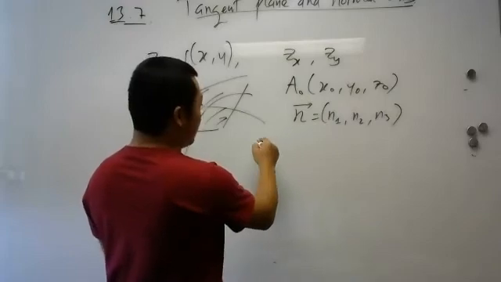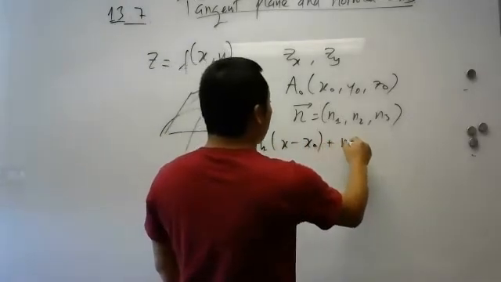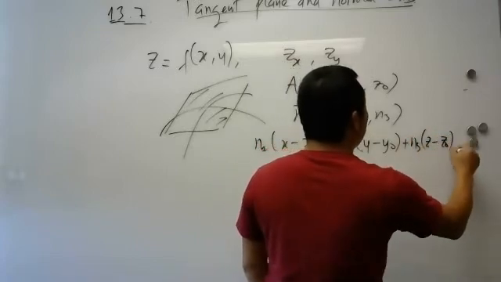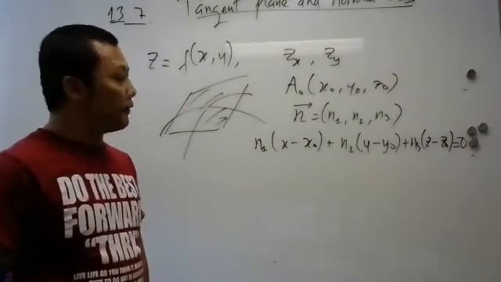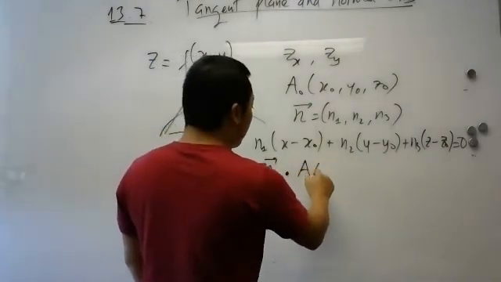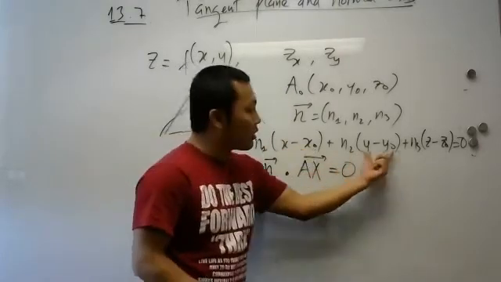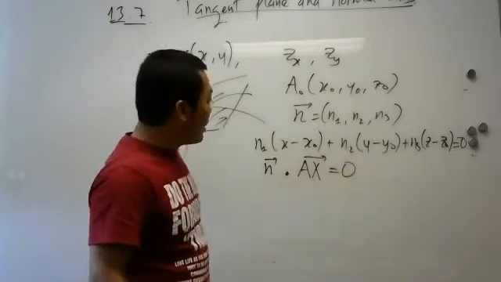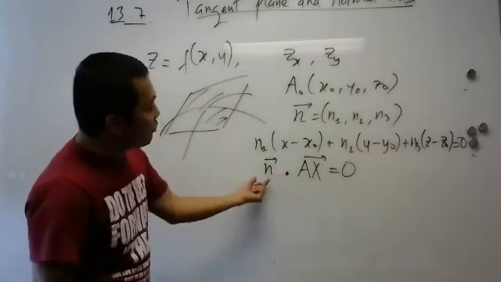And the equation looks like n1(x minus x0) plus n2(y minus y0) plus n3(z minus z0) equal to 0, right? Or if we want to write that in dot product form, we would have the following: the dot product of A0X and n equal to 0, where A0X is the vector with first coordinate x minus x0, second coordinate y minus y0, and third coordinate z minus z0. Because for any X in here, the vector A0X will be perpendicular to n.